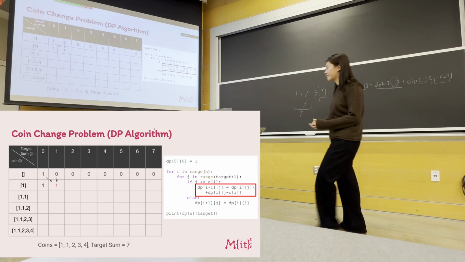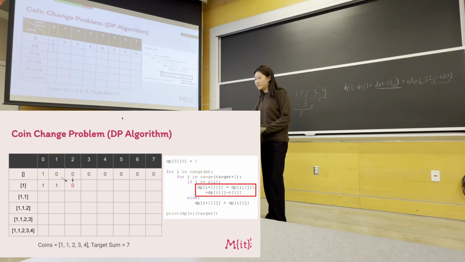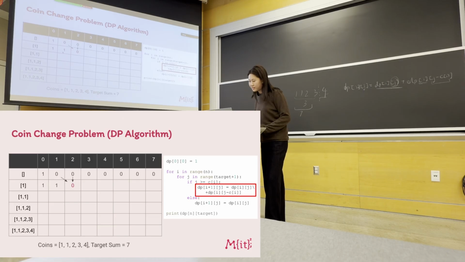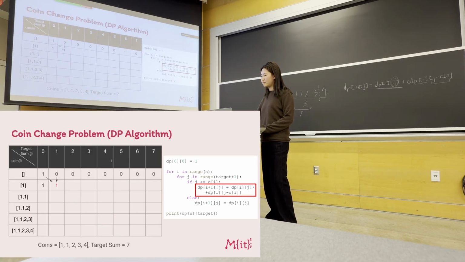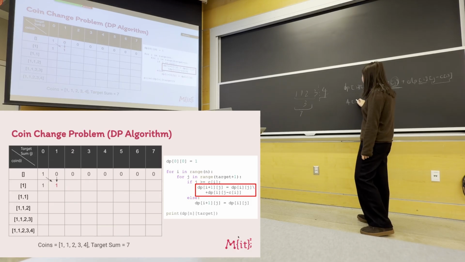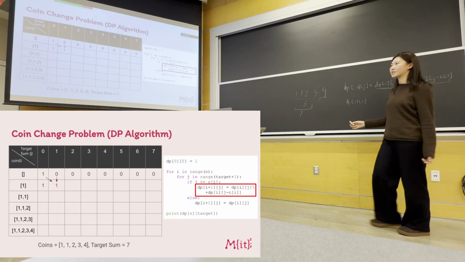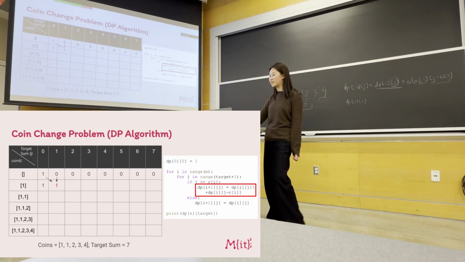If it's a little confusing at first, we can look at the table. For instance, for DP 1, basically making a sum of 1 with only the first coin, there are two ways we could get to it.